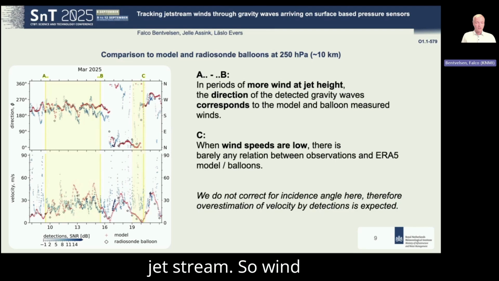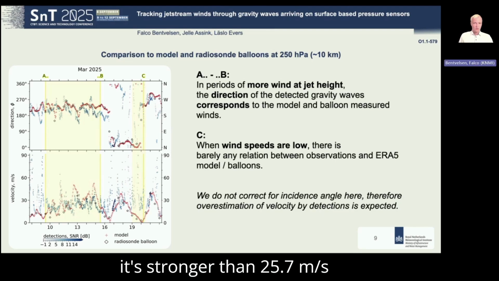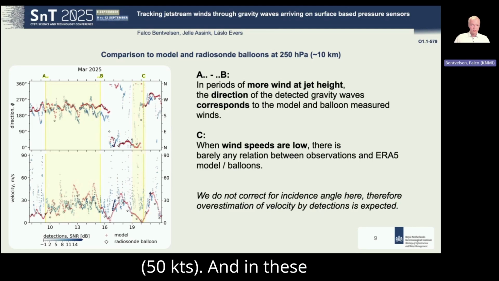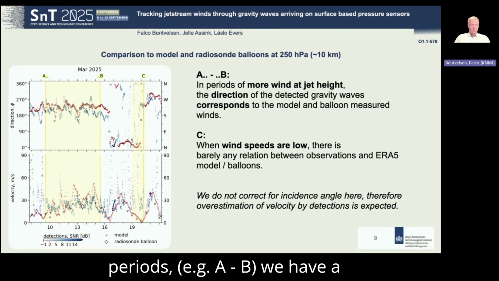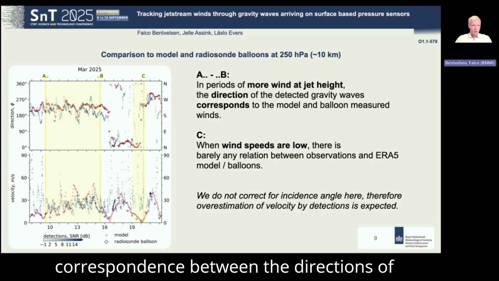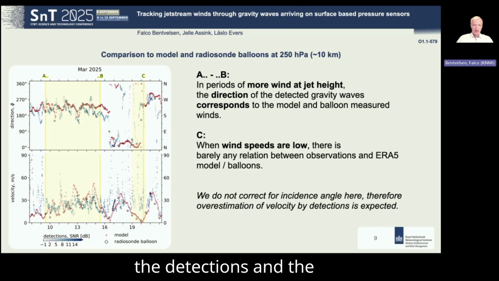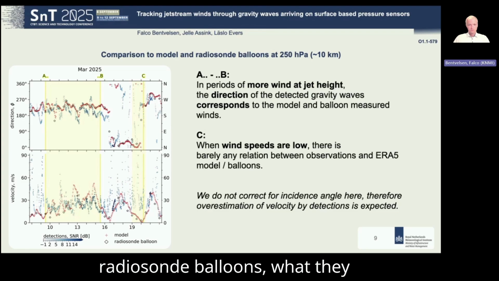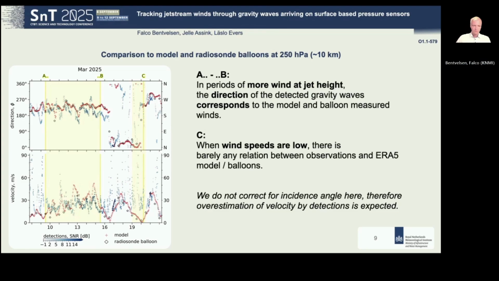So wind is jet when it's stronger than 25.7 meters per second. And in these periods, we have a correspondence between the directions of the detections and the directions of the model and the radiosonde balloons, what they estimate the wind is.